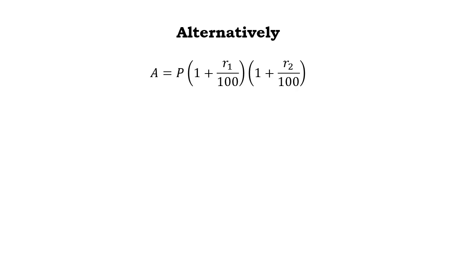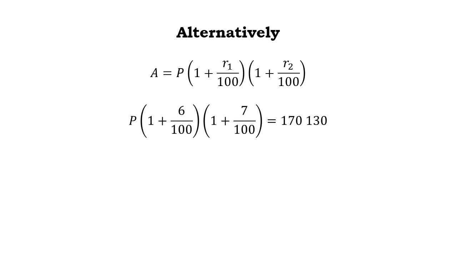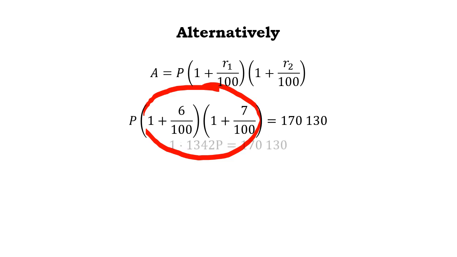So the amount is equal to principal into 1 plus r1 over 100 multiplied by 1 plus r2 over 100. We take the first rate, which is 6, the second rate is 7. We don't know the principal, that is what we have been asked to find. So it's equal to 170,130. Then if we expand this bracket, you just put it in the calculator, that one will give you 1.1342.